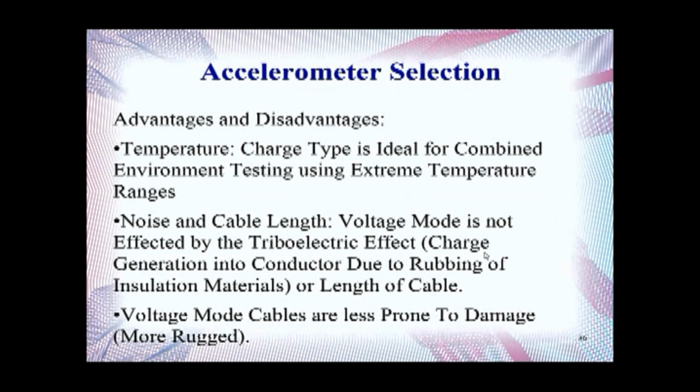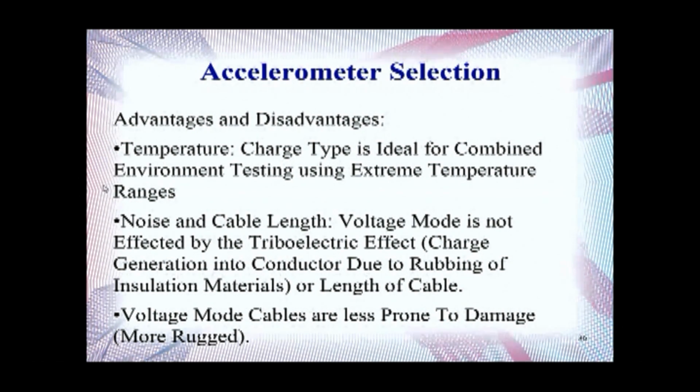Now we will go over selecting an appropriate accelerometer for your vibe test. We will go over the advantages and disadvantages of charge type and voltage type accelerometers. For temperature testing, when you're doing combined environment testing, it is ideal to use a charge type accelerometer, because when you are running extreme temperature ranges, if you are using a voltage type accelerometer, it will possibly fail due to the fact that it has a built-in electronic circuit, which may not be able to handle the extreme temperature ranges of your tests.